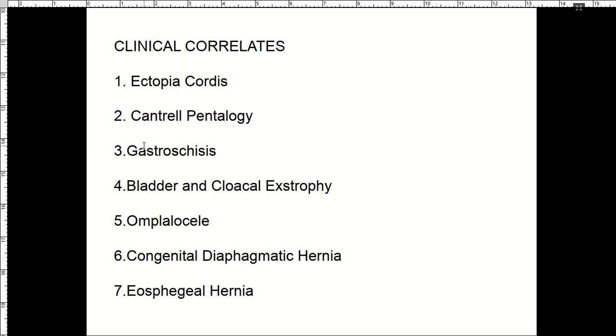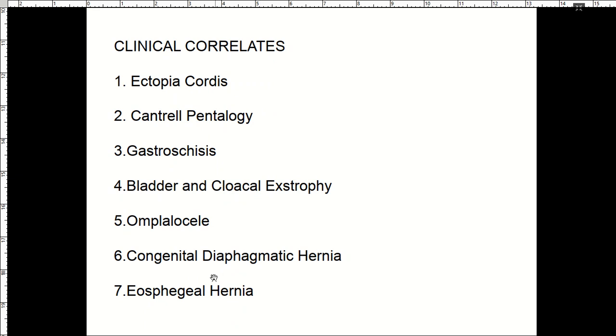Epispadias is just a split in the dorsal portion of the penis, right? And taking note of this, in cloacal exstrophy, you have the bladder and the rectum being exposed, right?